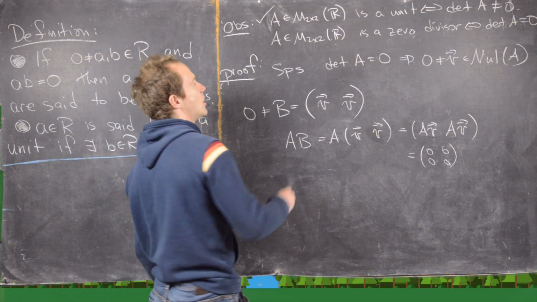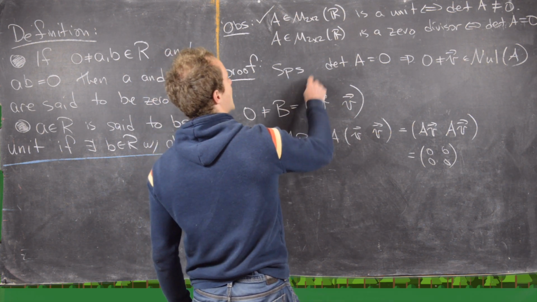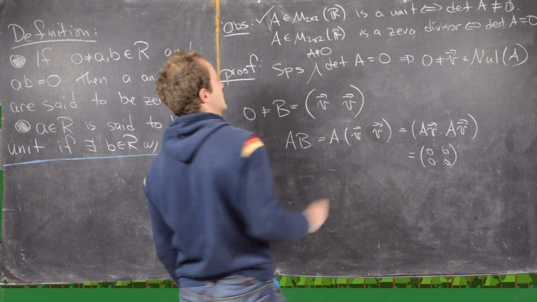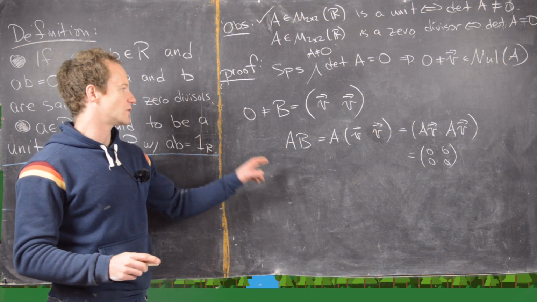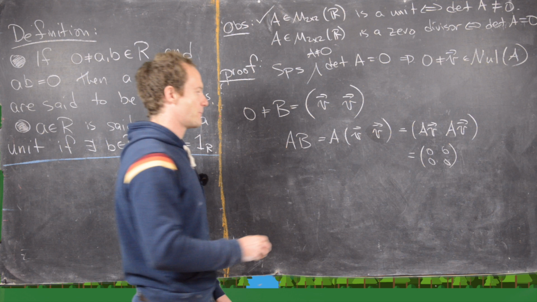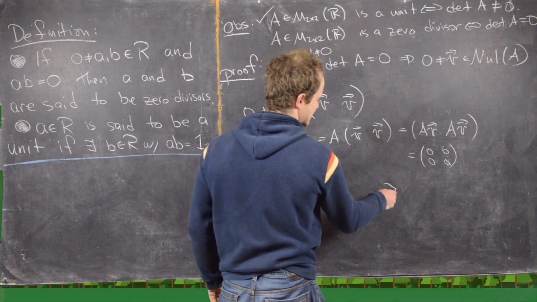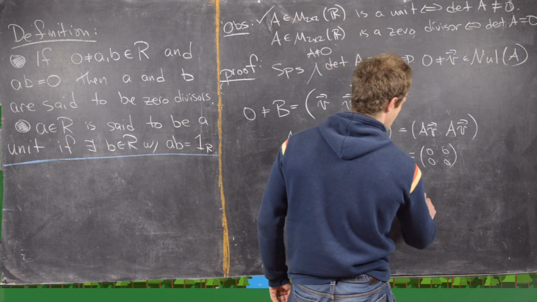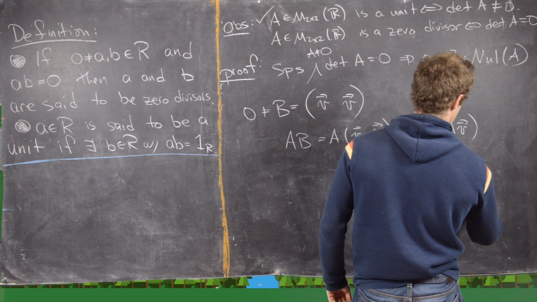And I guess we should also here suppose that A is not equal to the 0 matrix. So what we have are two matrices which are not the 0 matrix that product to the 0 matrix. So that tells us that A is a 0 divisor.